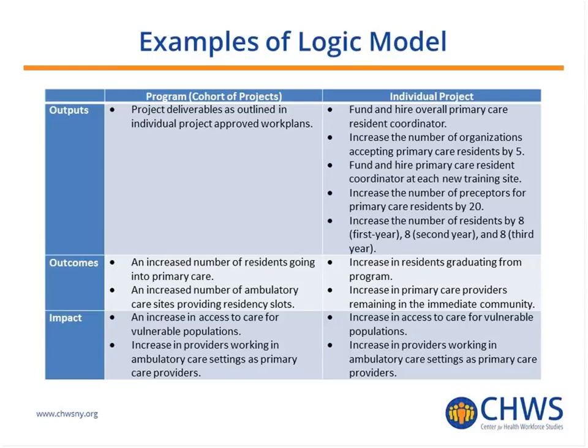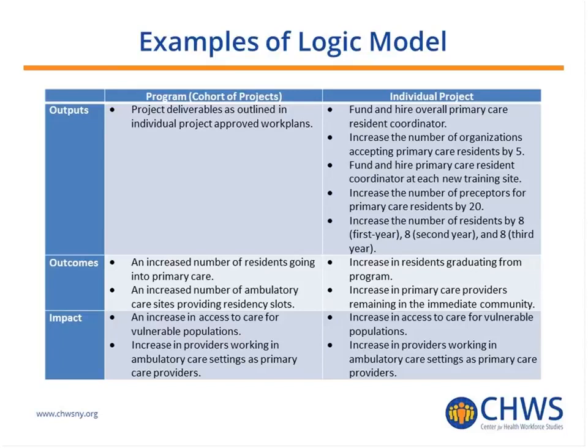And then as I thought about outcomes, they really are the same things, as well as impact. As you think about outcomes, did I change behavior? Did I change what people do? So we increased the number of residents that graduated from a program on both sides. Think about a short-term and a long-term objective.